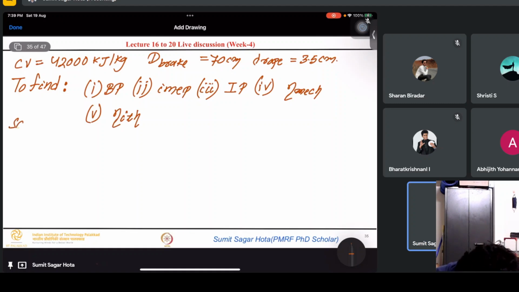So let's go to the solution. First, what is the effective brake radius?